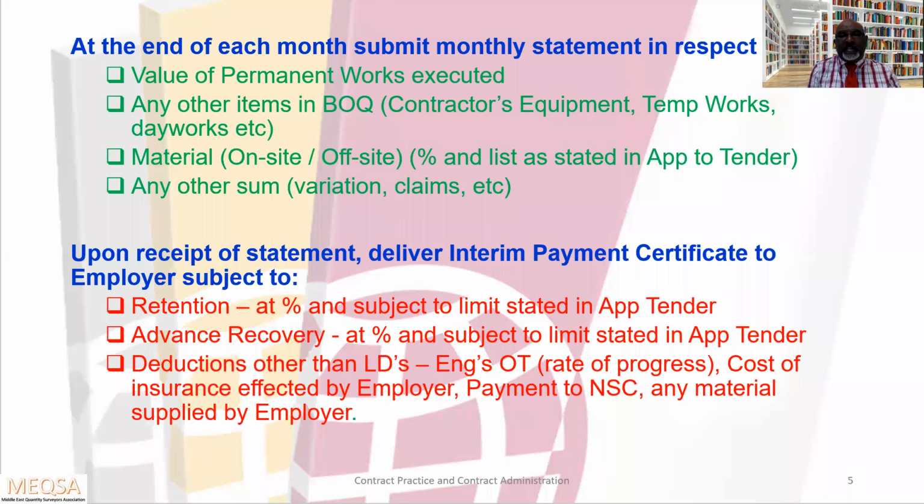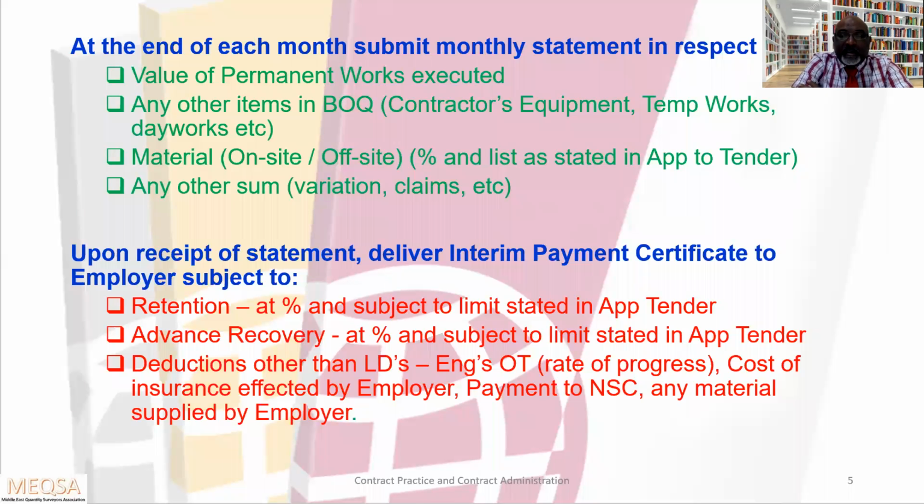Once the engineer receives it, he will do the retention adjustment, the advance recovery if any, and deductions other than LDs. The LDs he can recommend, but it is the employer's discretion to deduct or not. In that payment schedule, whatever permits for the engineering overtimes, the rate of progress, the cost of insurance.